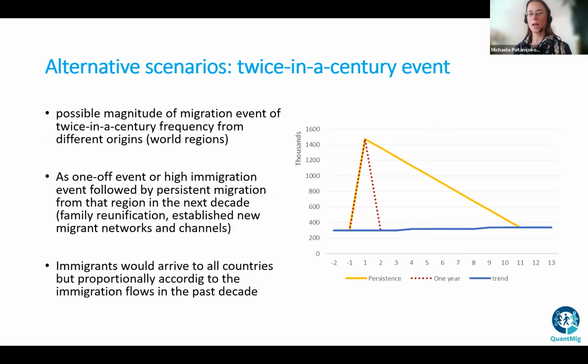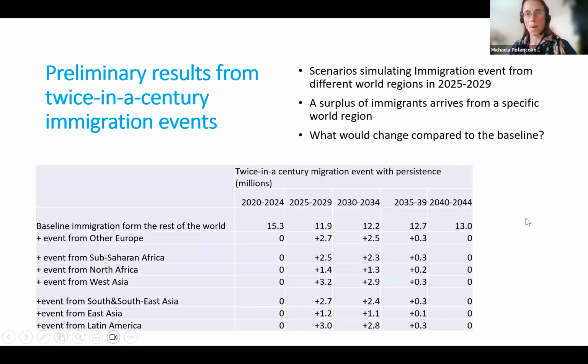We don't know where it would happen, so we sequentially let it happen in each of these world regions, and it lasts for 1 year, or it's persistent migration from that world region at higher volume for about a decade because of family reunifications and established new networks and new opportunities that these kinds of events often open. We apply this as a surplus migration to the baseline scenario.